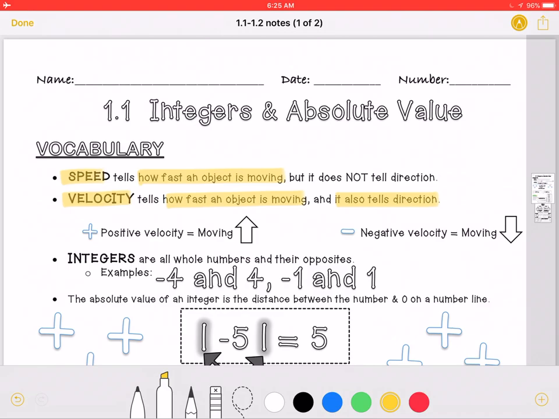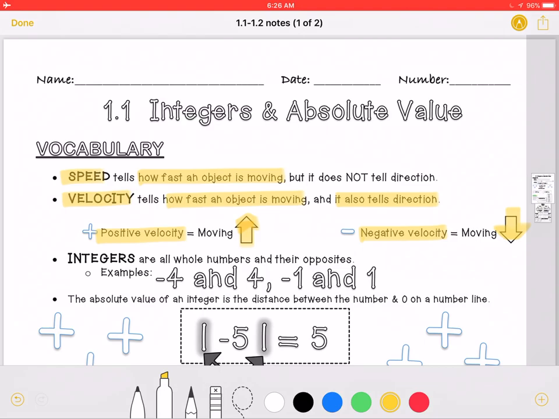Is it moving down? Is it moving left, right? How is it moving? So a positive velocity means that it's moving upwards. Whereas a negative velocity would mean that it's moving down, which should make sense. Normally we think positive, up, negative, down.